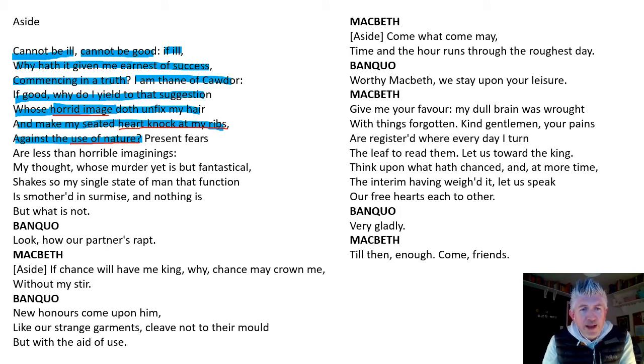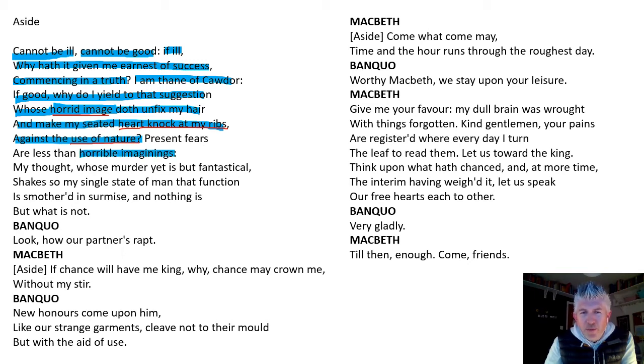Present fears are less than horrible imaginings. My thought, whose murder yet is fantastical, shakes so to my single state of man that function is smothered in surmise, and nothing is what is not. So here he's talking about, again, the ideas that are whizzing through his head. Horrible imaginings. The things he's thinking about are horrible.